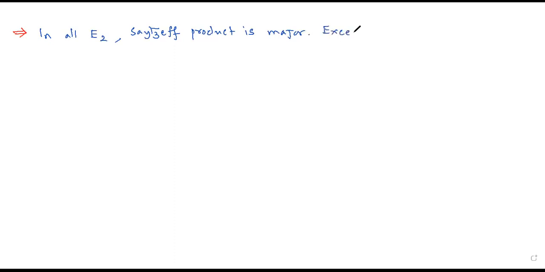But there are 4 exceptional cases, very important. Except in 4 cases, in which we get Hofmann product as the major product. I'll give you all these. But first, let us take some 1 or 2 regular examples for the same thing. Concentrate on these examples.